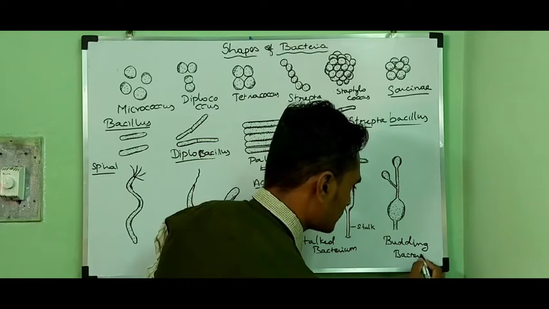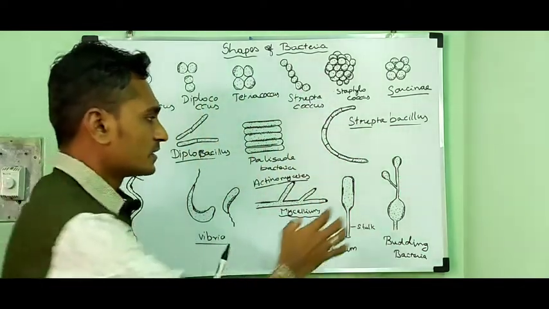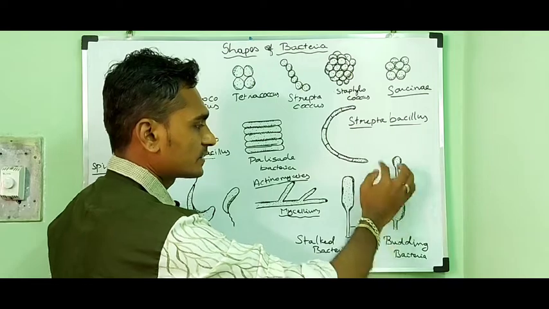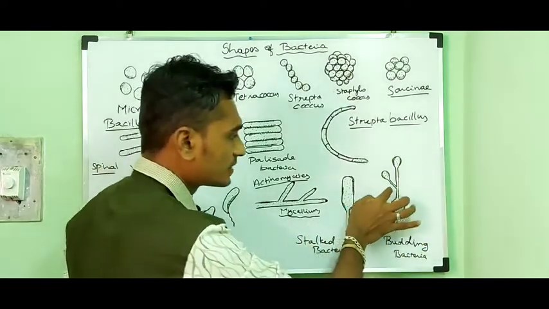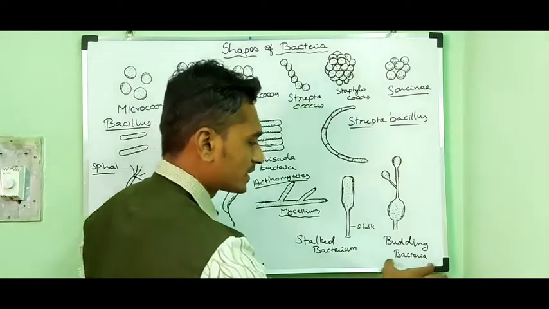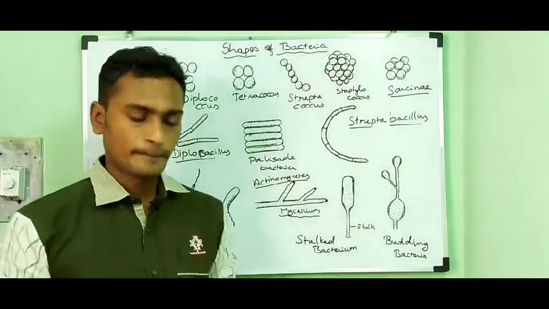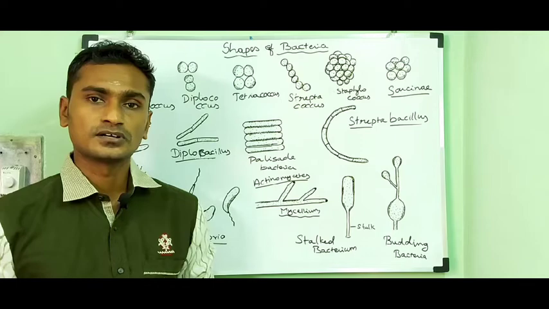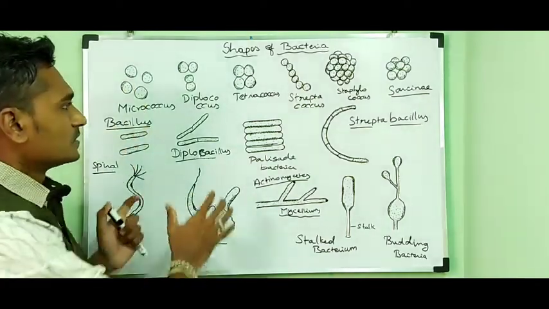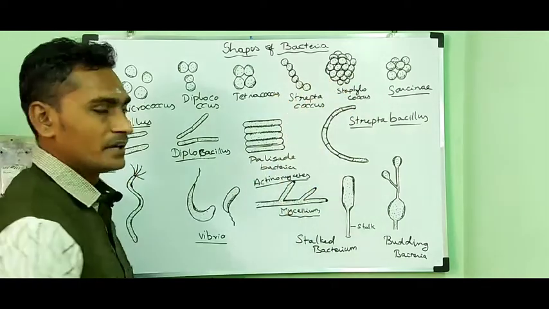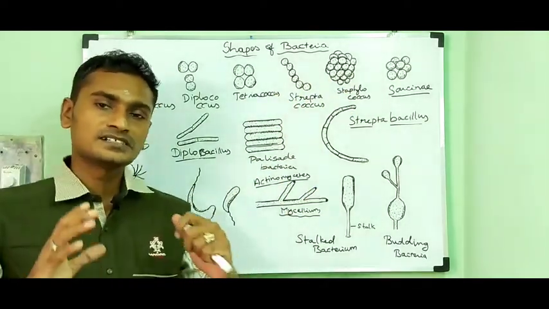You can find the outgrowth at different places. This bacterium possesses outgrowths at different places, and that bacteria is called budding bacteria. So these are the types of bacteria according to their shapes.